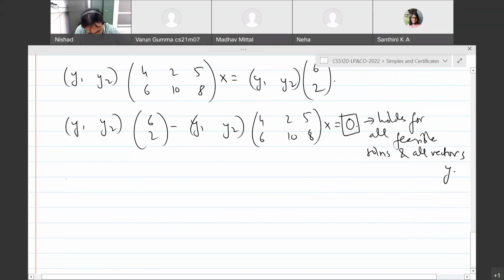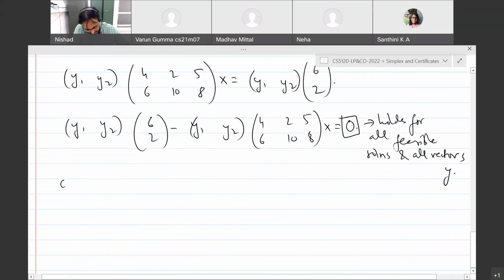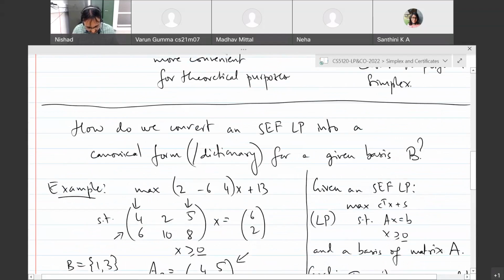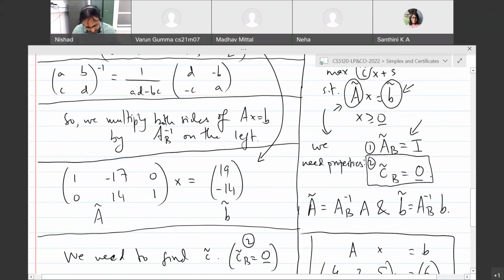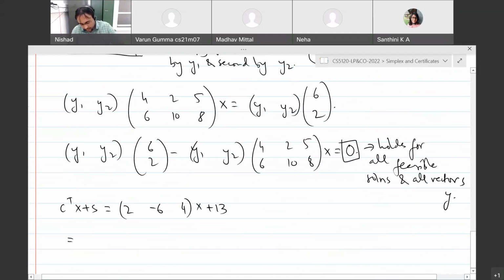Okay, so our original objective function is C transpose x plus S. And let's remind ourselves what it was. It was 2 minus 6, 4, x plus 13. And I can always add 0 to this. Right?